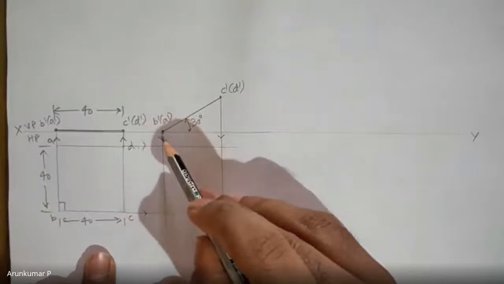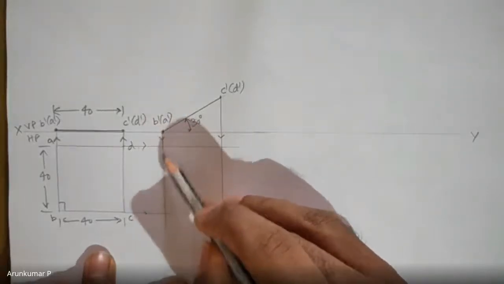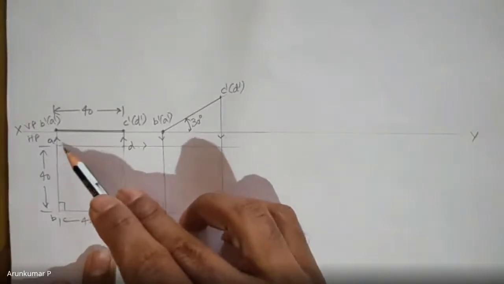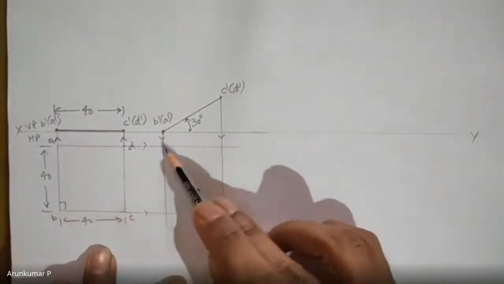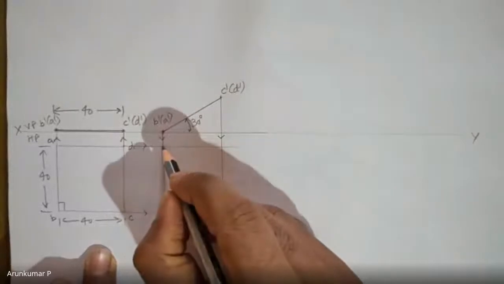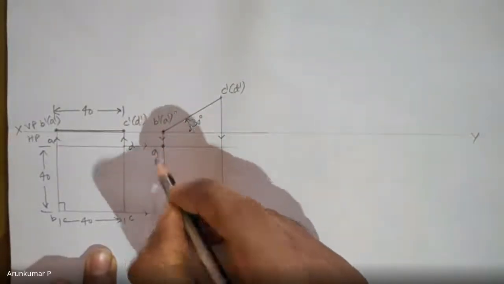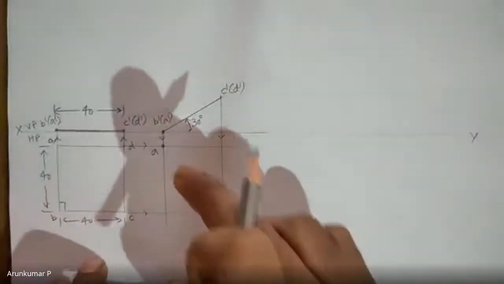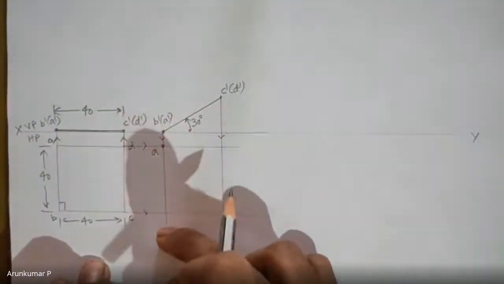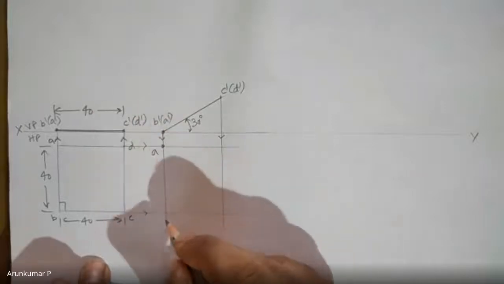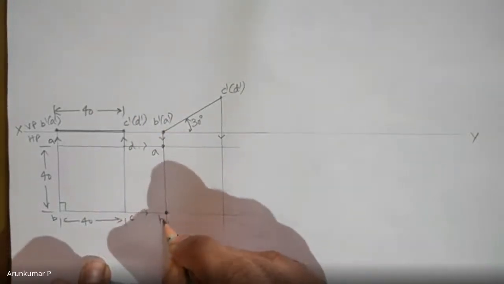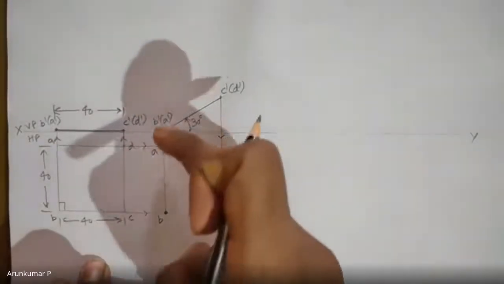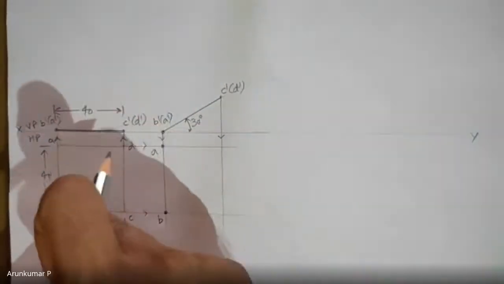See, this is the line of A dash and this is the line of A. So A and A dash, they are intersecting at this point. So this point is A, the top view. B dash and B are intersecting at this point. This is B. I hope you are getting this.